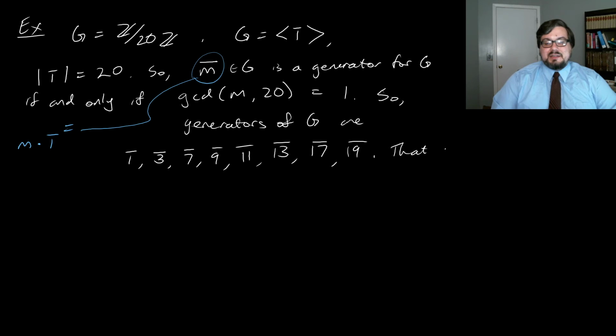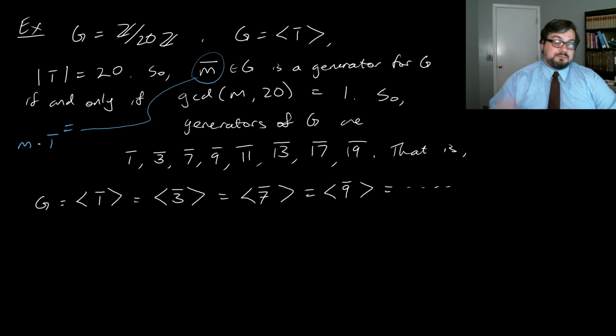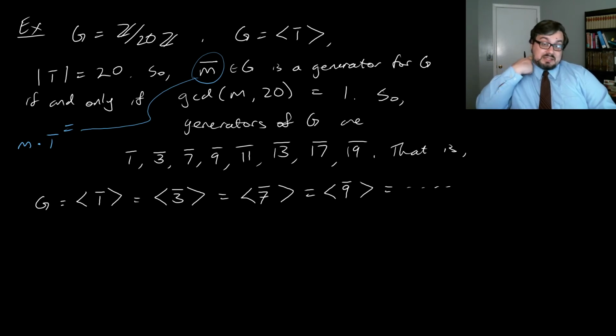That is to say, G is the cyclic subgroup generated by 1, but it's also generated as a cyclic group by 3, by 7, by 9, etc. So notice in this case that G is a cyclic group. To show that it's a cyclic group, we just needed to demonstrate one generator for it. But in fact, this group has 8 distinct generators.